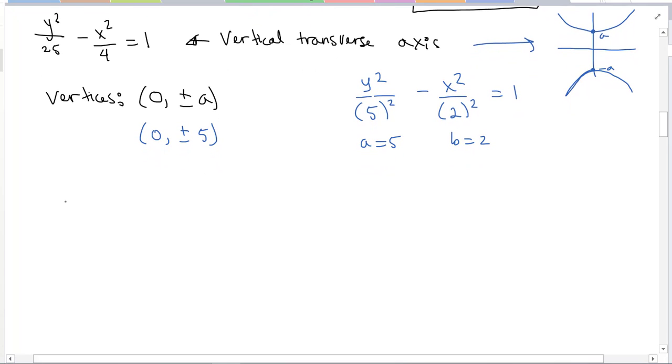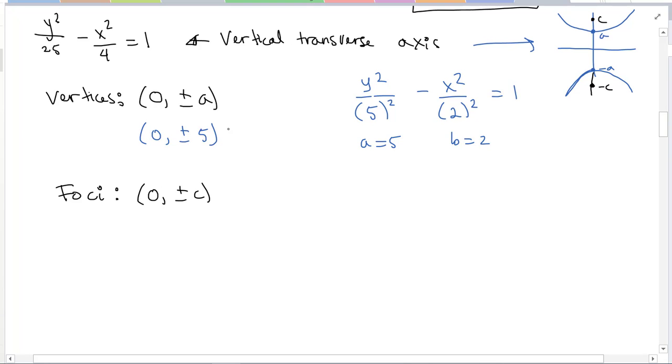Now what about the foci? Because we have a vertical transverse axis, the foci are 0 plus or minus c. So what's c? Here we're going to have negative c and c. That's why we have 0 for the x, and then plus or minus c for the foci.